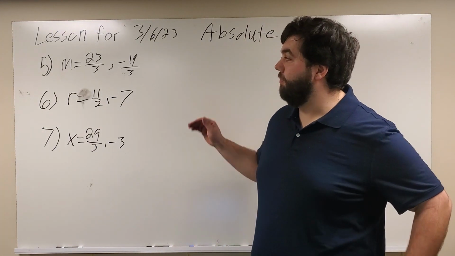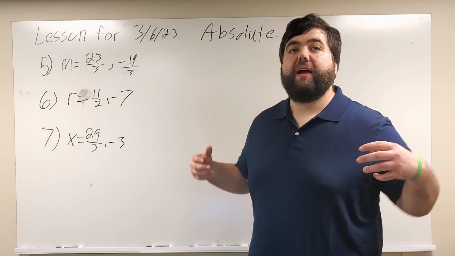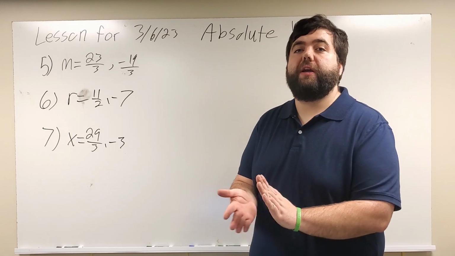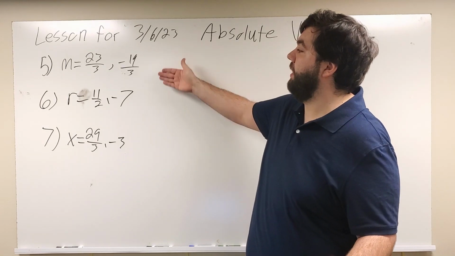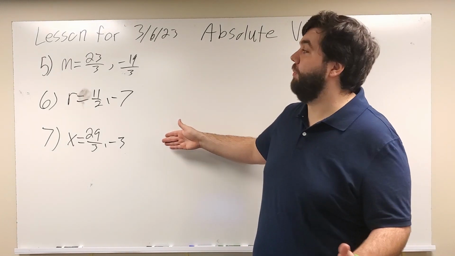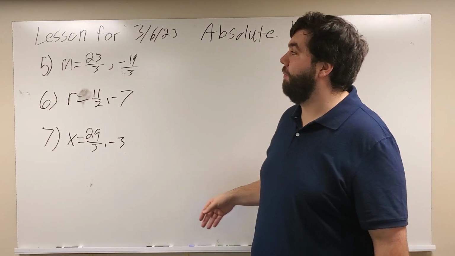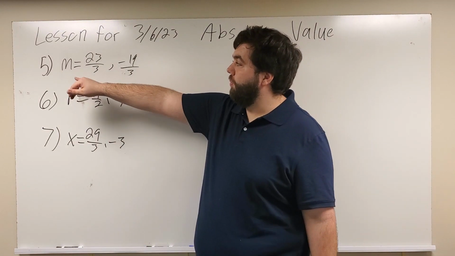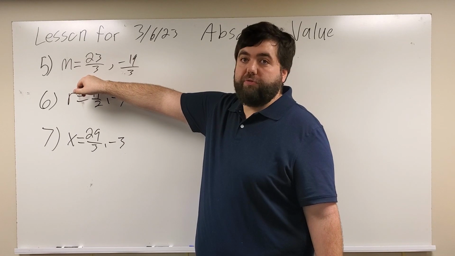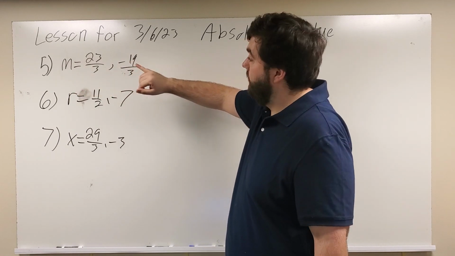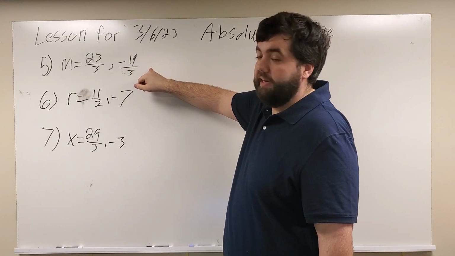Alrighty, hopefully you gave 5, 6, and 7 a shot. As I always say, don't be afraid of fractions. So it is okay to have fractions for answers. You can see we got a fraction in every single problem. So for the first one, we get m equals 23 over 3 and negative 19 over 3.